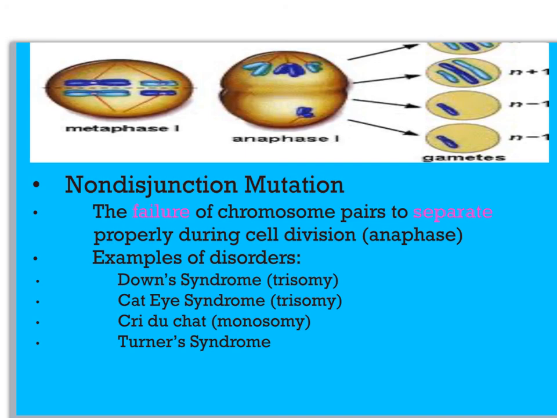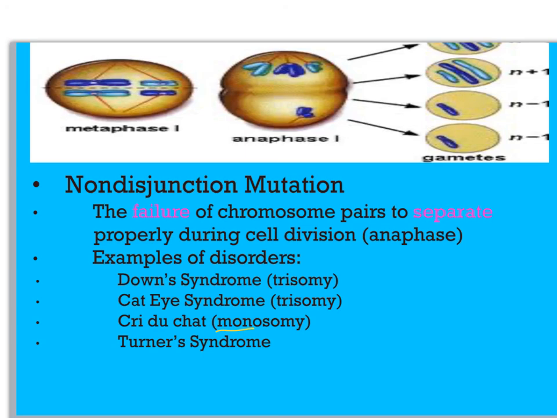So anyway, how you would get extra chromosomes or not enough chromosomes is because meiosis didn't go just right. Specifically, for a trisomy or a monosomy, that would be having 1 chromosome instead of 2. The chromosomes do not separate.